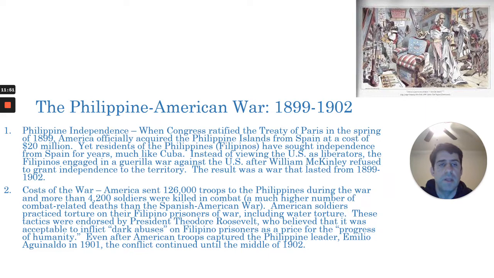So an interesting political cartoon that I think really gives you a clear and perceptive look at the perspective of both America and the Filipinos. As you can see, the look on the face of the Filipino, he is not happy. He's got a sneer on his face, not happy about this at all.